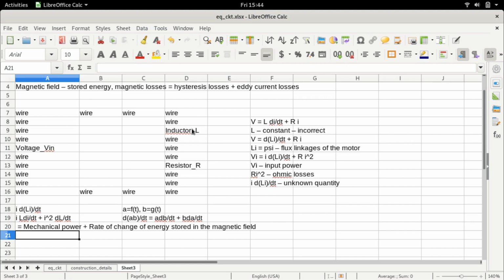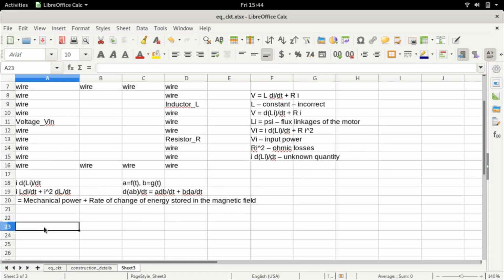Now let us suppose we forget for an instant that this is an induction motor, right? Just forget that this is an induction motor and therefore this is something which can move. If this is not something which can move, the question then arises, what happens to the input power which is fed? So let's go back and write this equation.